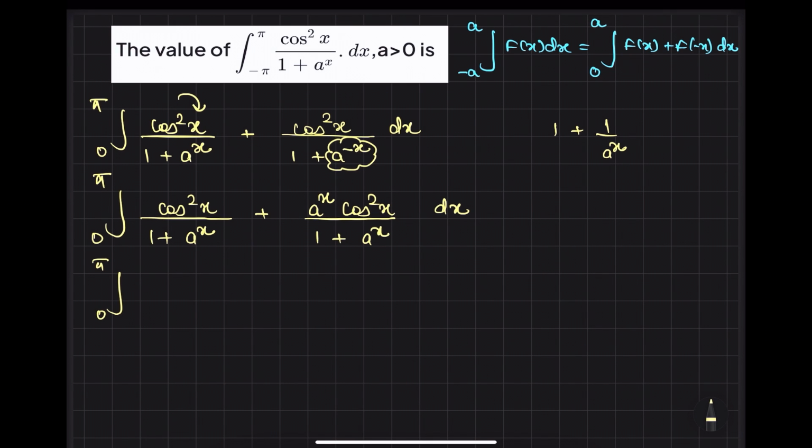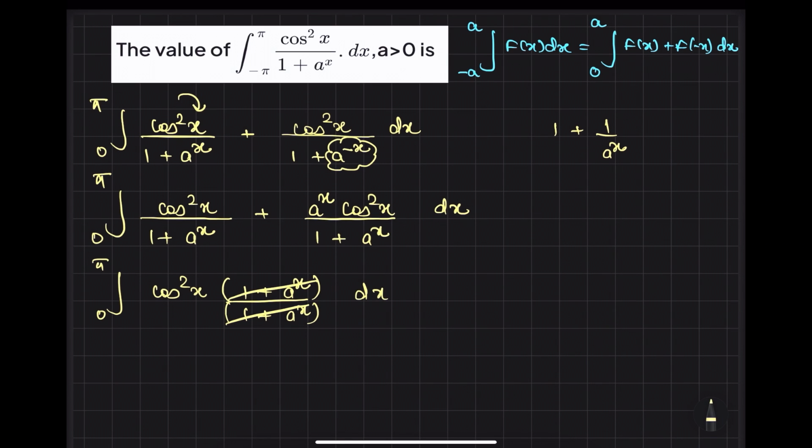So taking LCM will become much more convenient. And if you observe, the numerator has cos square as common. So I'll take cos square x common. We will be left with 1 plus a power x upon 1 plus a power x dx. Now this thing is gone.